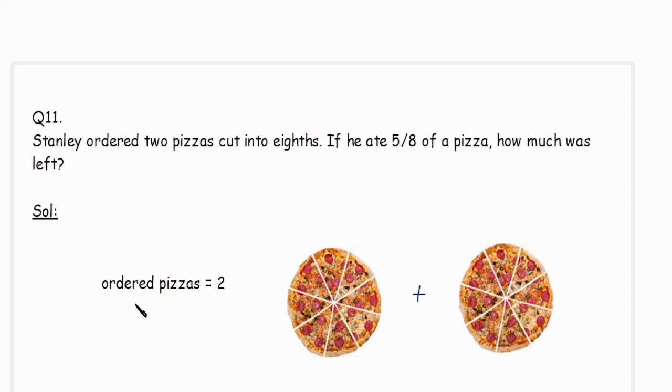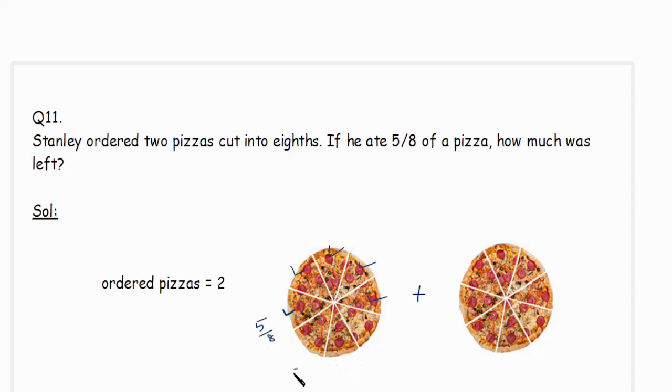So he ordered two pizzas, one pizza and a second pizza. Each pizza is cut into 8 equal pieces, and from one pizza he ate 5 pieces. So, for example, he ate 1, 2, 3, 4, 5, so 5 pieces from the 8, and that can be indicated by 5/8.